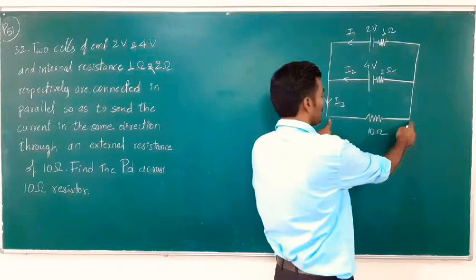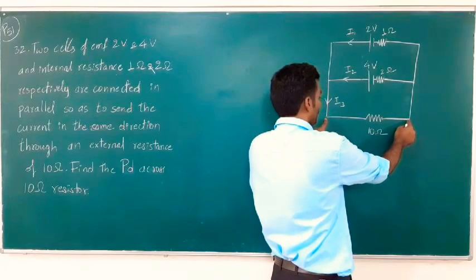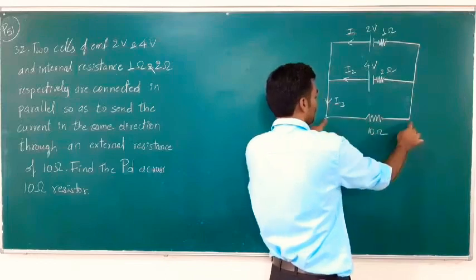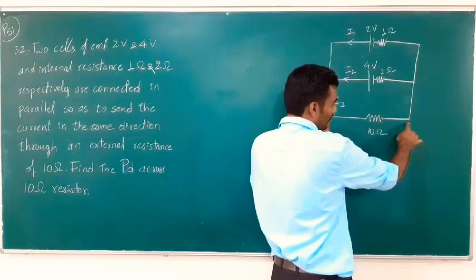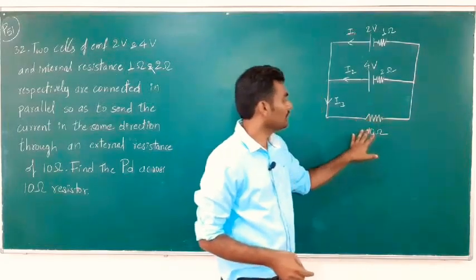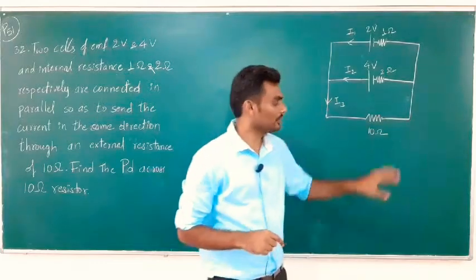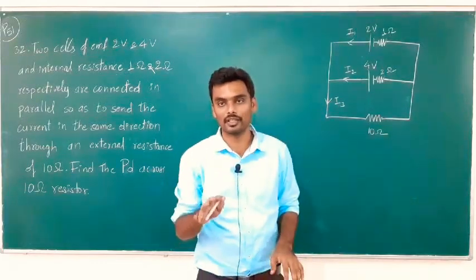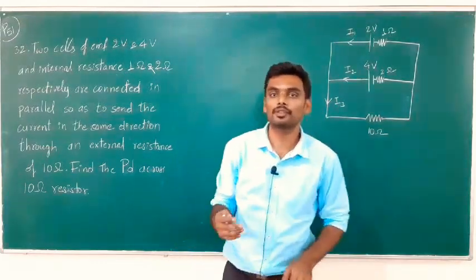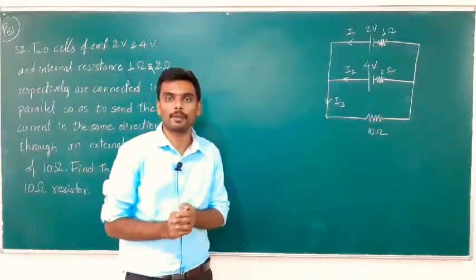You can apply Ohm's law because it's a simple resistor with current flowing. When you apply Ohm's law across these two points, you easily get the potential difference across the resistor. In the last problem, we took P is equal to I squared R. That's the only difference.